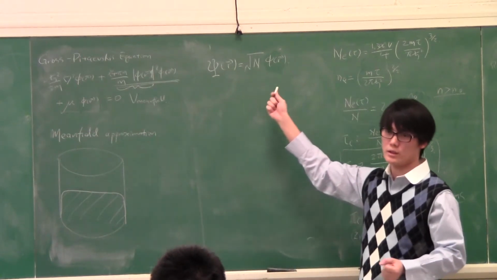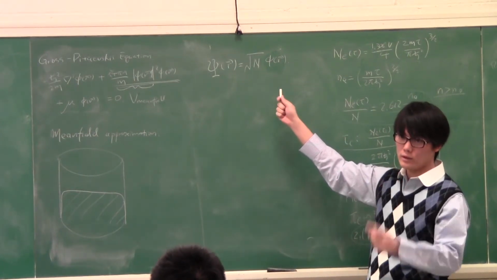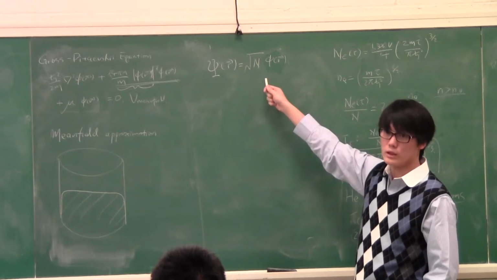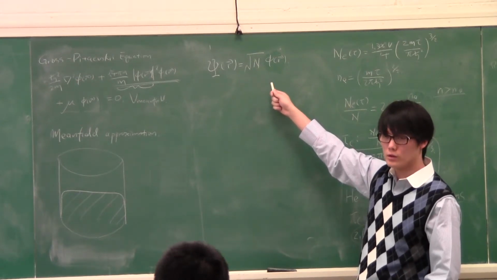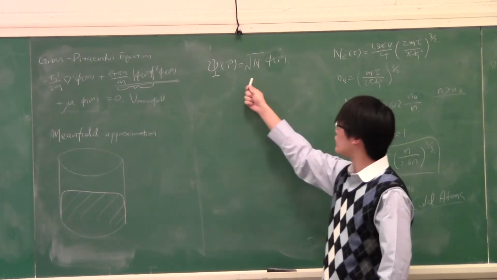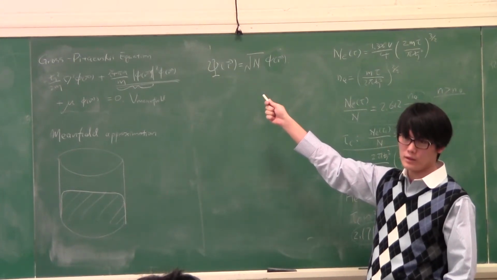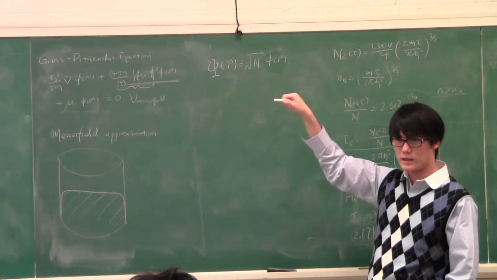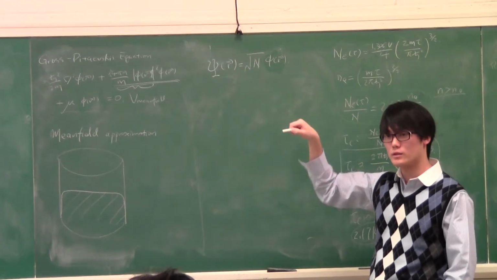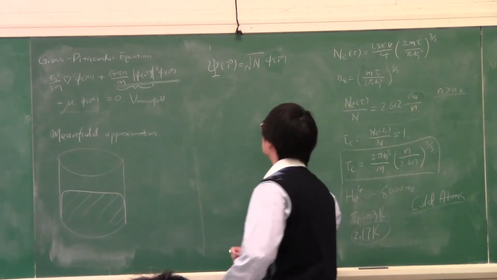But now, instead of normalizing to 1, the overall wave function normalizes to N, the total number of particles. So this overall wave function can be conveniently associated with the local density of particles. Let me write this.